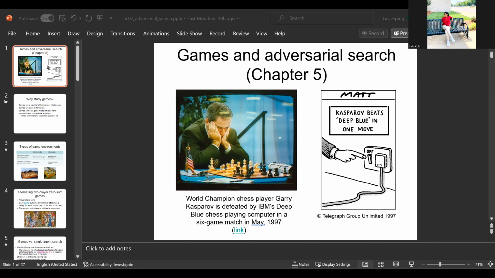So do you still need to consider this branch for node C? No. So that's why node D can do what? We call it alpha pruning.